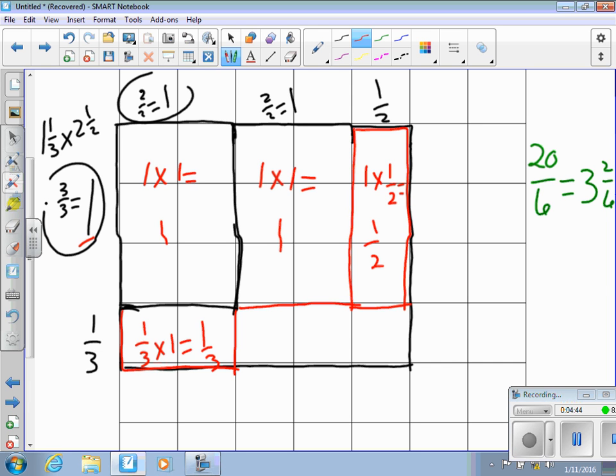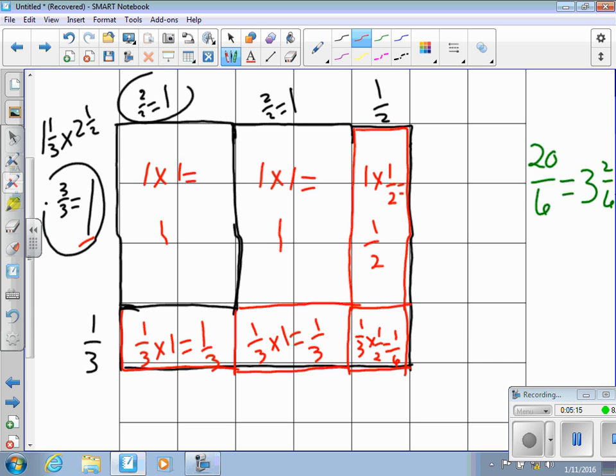And again, here we have 1/3 times 1 equals 1/3. Works just like our model with our whole number. You find the product of each part of your area model. And here we have 1/3 times 1/2, and that is equal to 1/6.